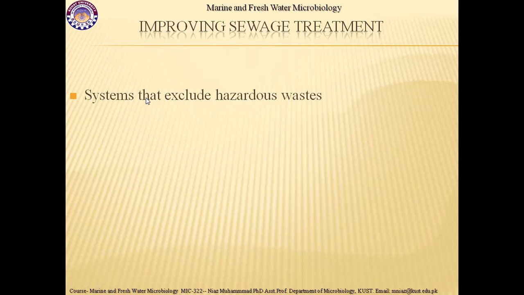Why do we need such a system? Because hazardous waste material can contain hazardous elemental content at degradation which can go into the environment, into the water bodies, and create problems.